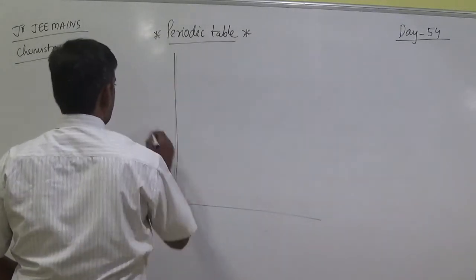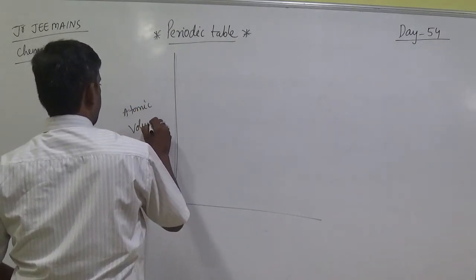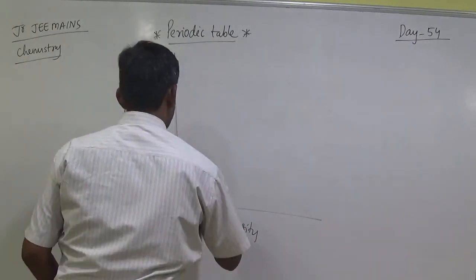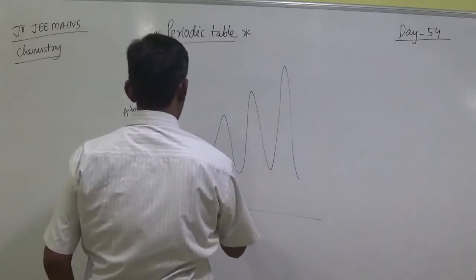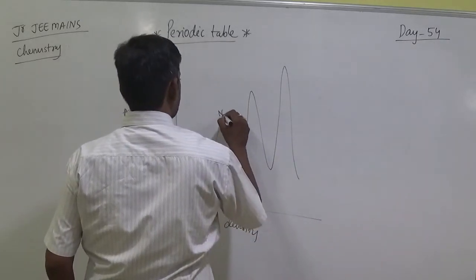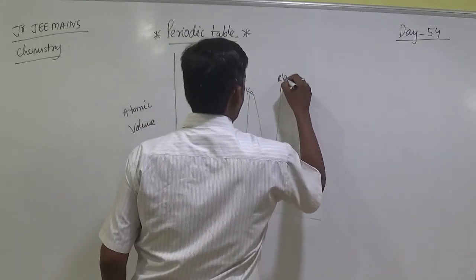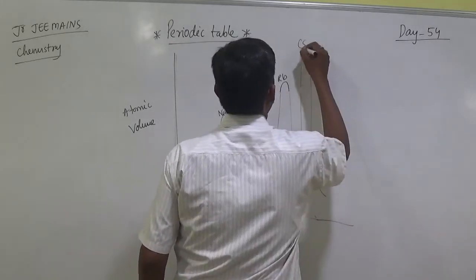Atomic volume, density, your lithium, sodium, potassium, rubidium, cesium, like that.